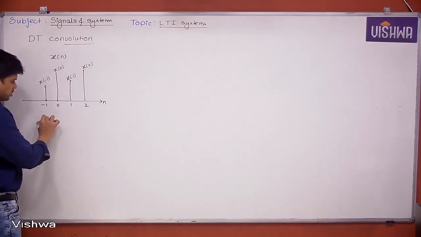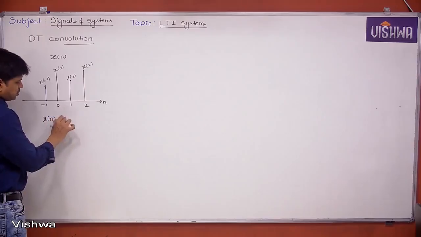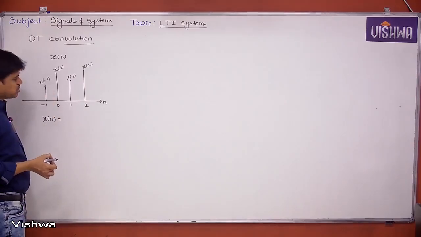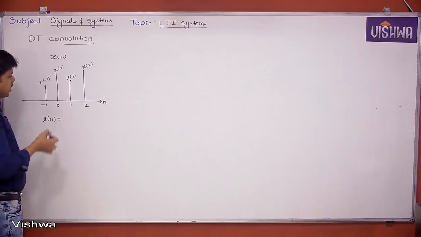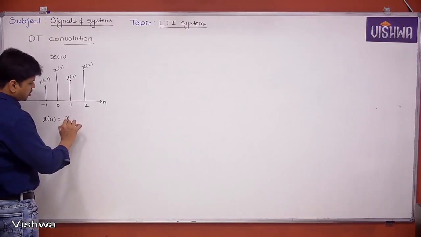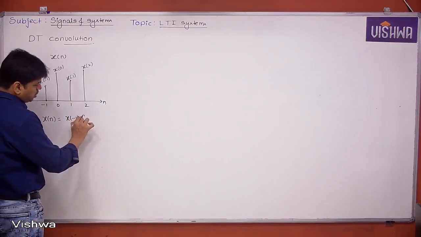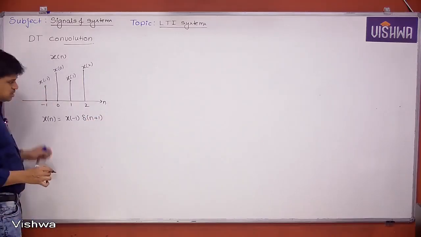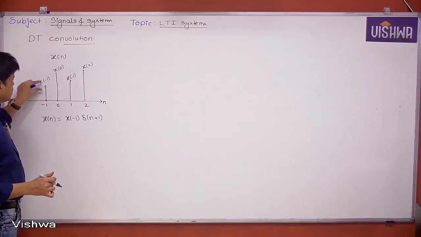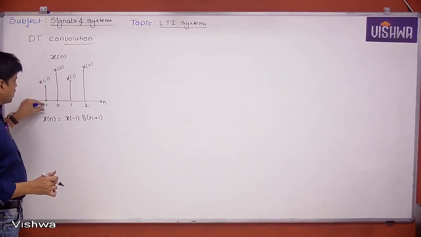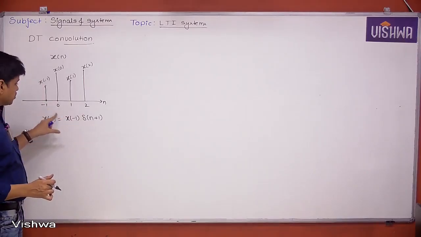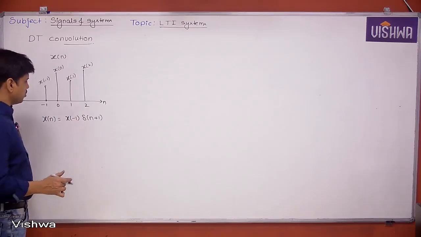Can I write x of n like this: at minus 1 we have an impulse function with strength equal to x of minus 1. So I can represent it with x of minus 1 delta n plus 1. We know delta of n plus 1 exists at minus 1, whose value is x of minus 1.